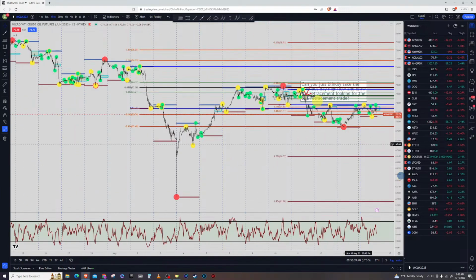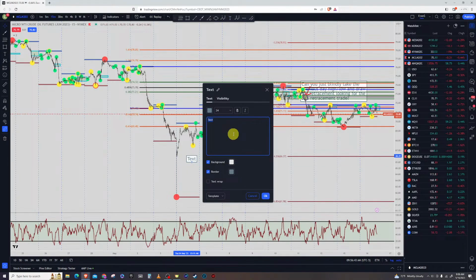So we'll just draw a little note here and say the daily extension target gets blown out. Can you take back to it?